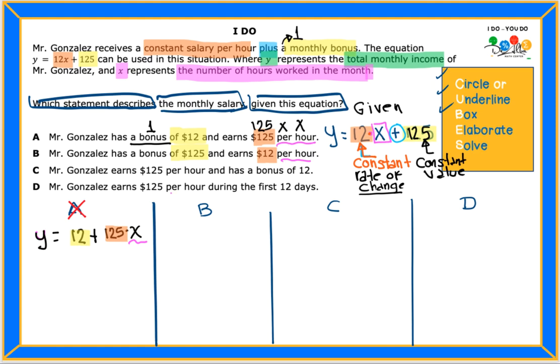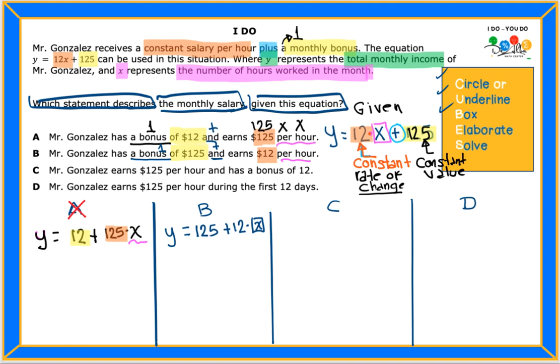So I'm gonna say this is the y equals, then they have a constant bonus of 125. So that's gonna be just once, a bonus. So that means one bonus. And this "and" means the plus 12 per hour. So multiply the x. You see that, guys?